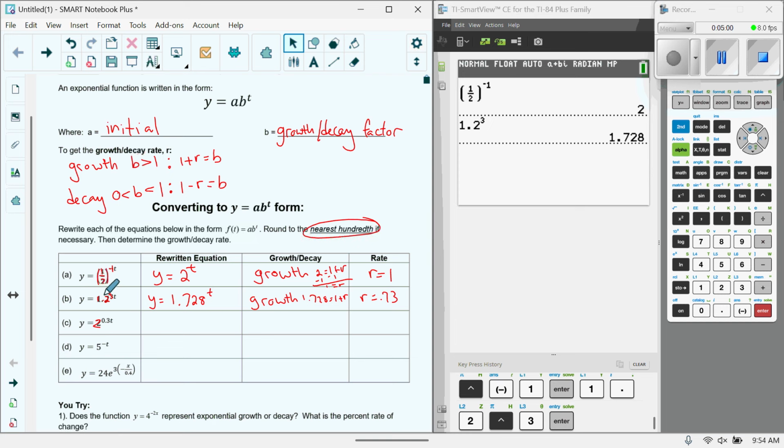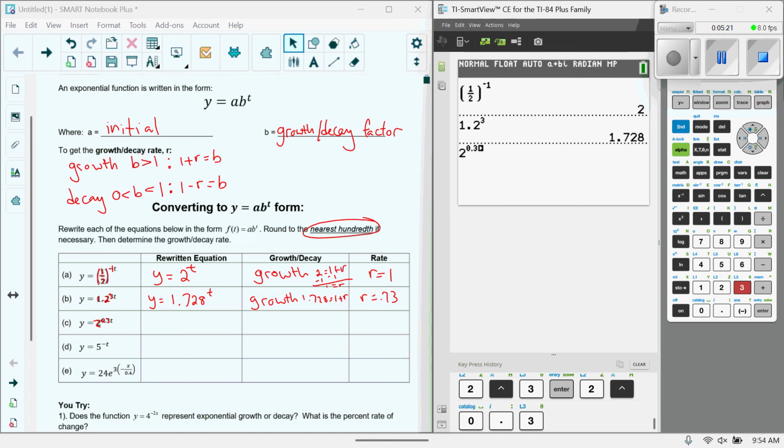We have 2 to the 0.3t. So it looks like we are doubling, but we have a 0.3 in front of the variable. So 2 to the 0.3, everything in front of the variable needs to go in the calculator.